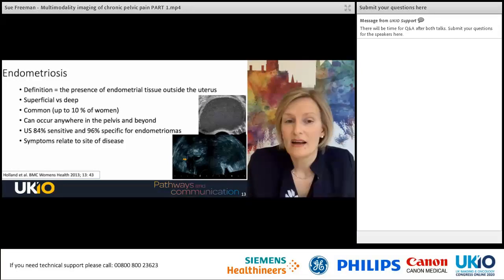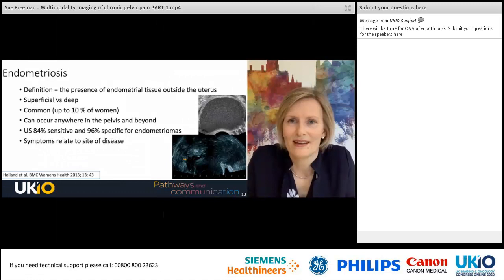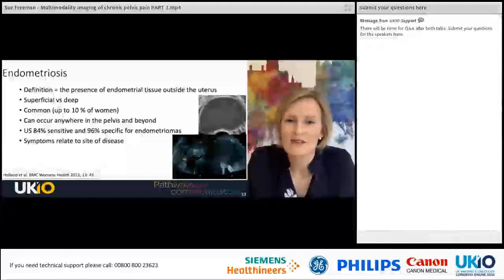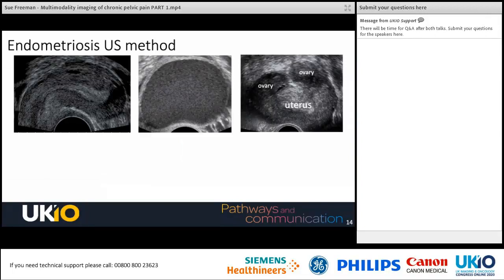And also remember that the symptoms of endometriosis closely correlate with the site of disease. So again, make the most of your ultrasound examination and talk to the patient and carefully listen to see whether or not there are any particular areas of discomfort. So let's discuss the standard ultrasound examination for endometriosis.